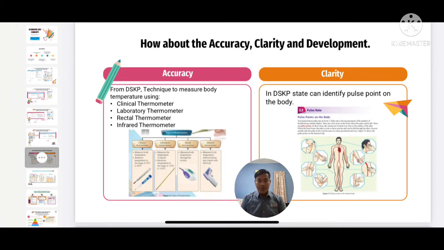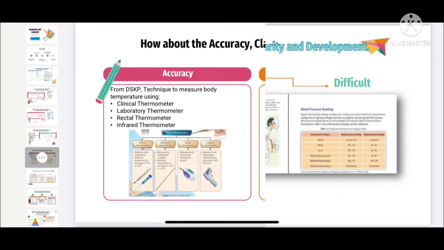If you can see in the textbook under the clarity, it shows the picture of the body on which the pulse points can be found. So it has high clarity because it has followed the DSKP given by the ministry.